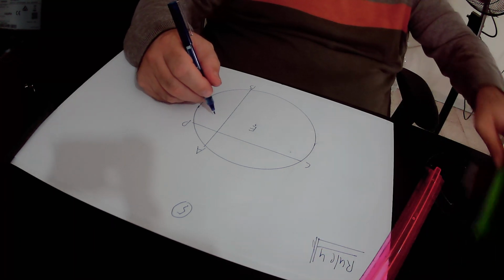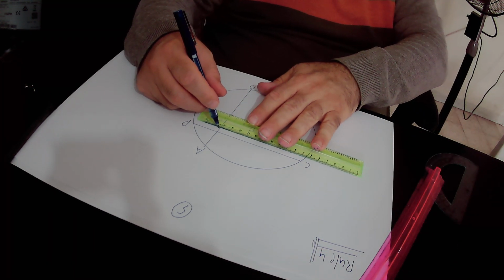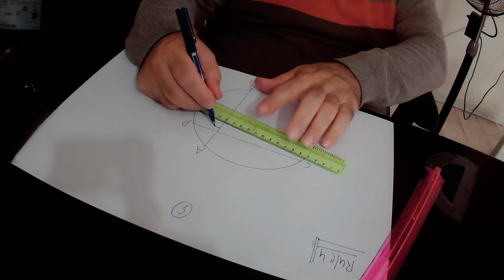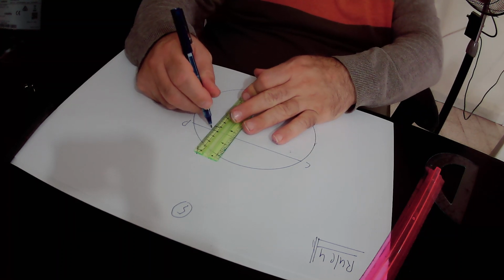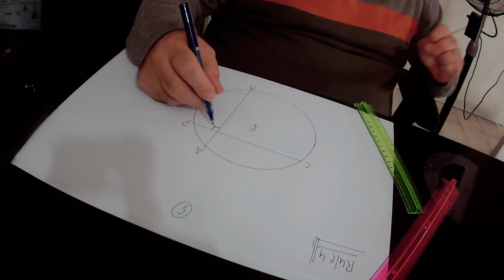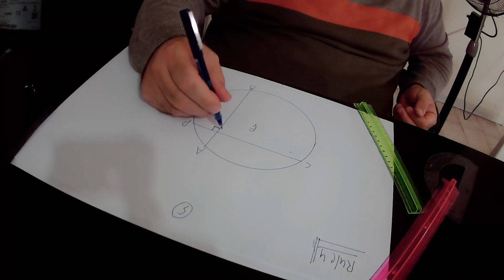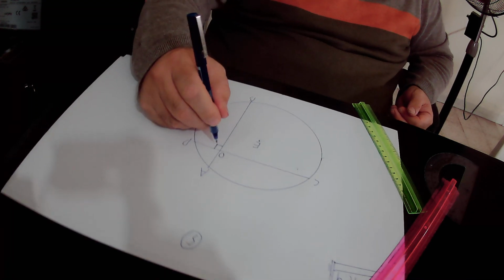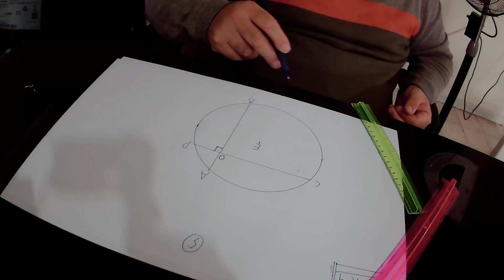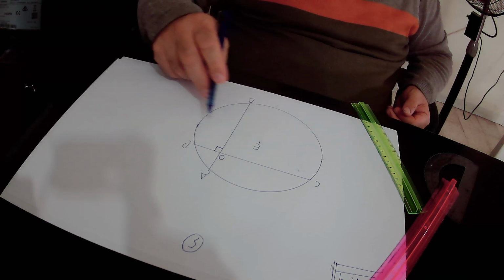That is to say, they create between them at the intersection point 90 degrees. Therefore, they are perpendicular to each other. We define the intersection point between the two chords as O. So you can see that chord AB is perpendicular to chord CD at point O.